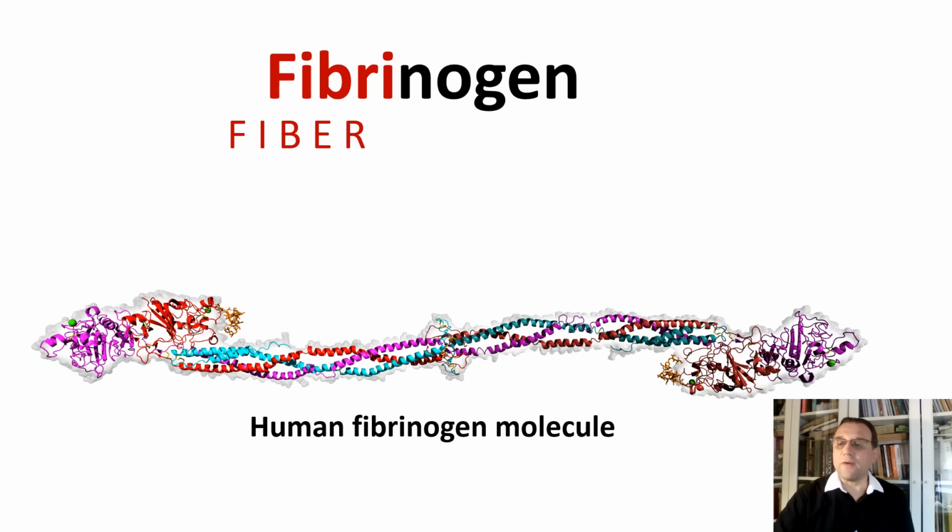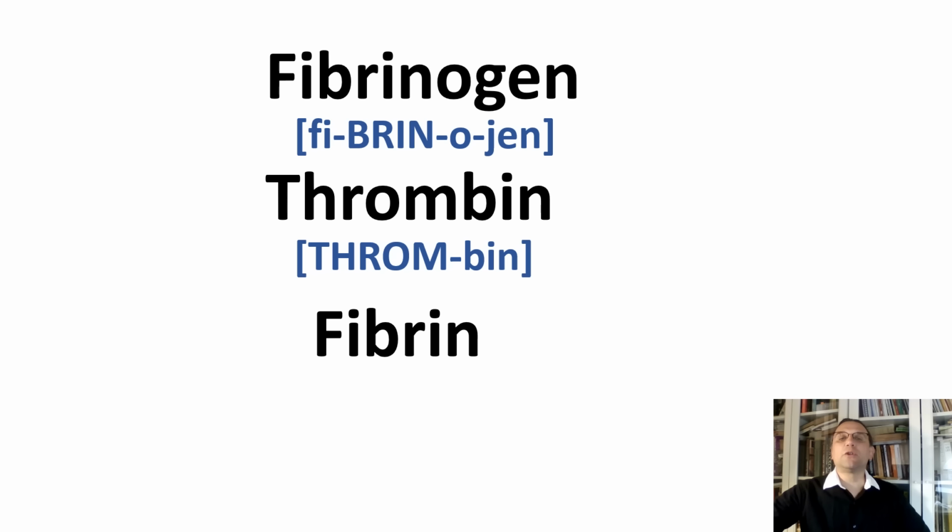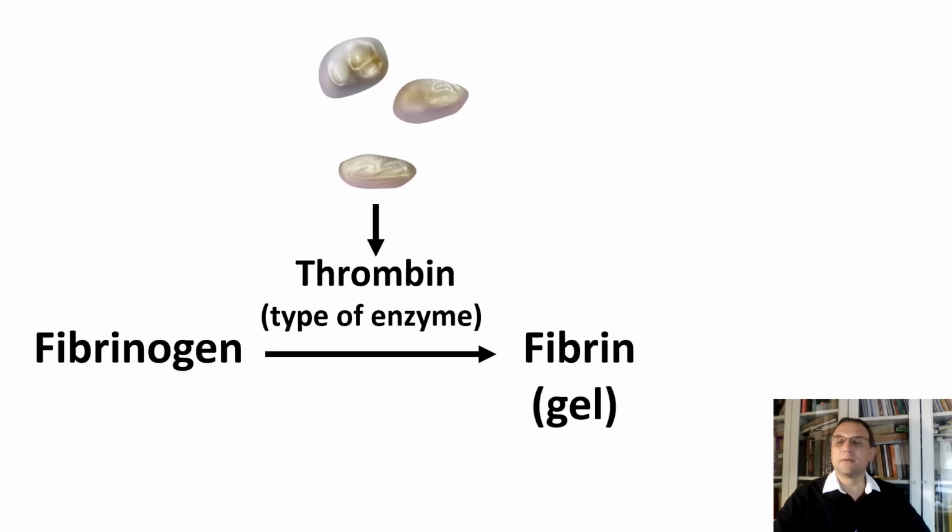Fibra means fiber, and gen means to produce. An enzyme called thrombin is the active agent in changing fibrinogen to the insoluble fibrin of a clot. Thrombocytes are the ones that activate thrombin to do its work.